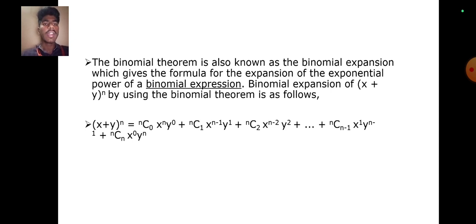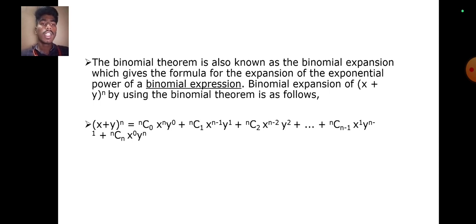Binomial expansion of (x plus y) whole power n by using the binomial theorem is as follows. (x plus y)^n is equal to nC0 x^n y^0 plus nC1 x^(n minus 1) y^1 plus nC2 x^(n minus 2) y^2 plus and so on plus nC(n minus 1) x^1 y^(n minus 1) plus nCn x^0 y^n.